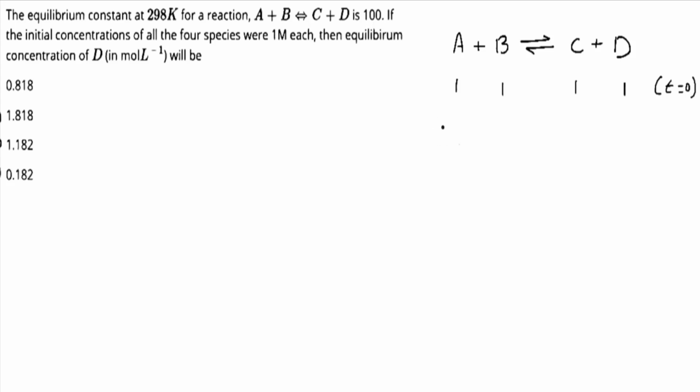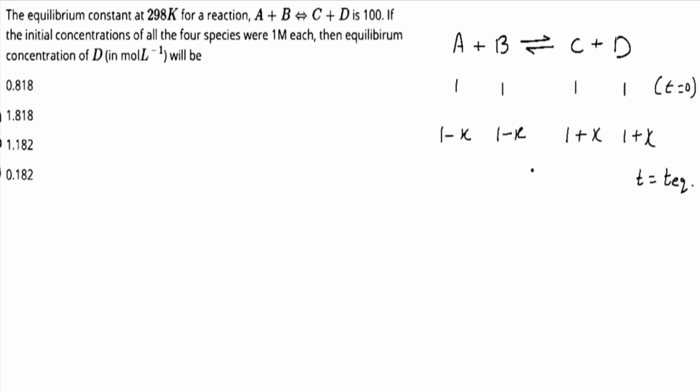So when the new equilibrium is reached, the new concentration of A and B will be 1 minus x, and C and D become 1 plus x. This is the concentration when the new equilibrium is reached.